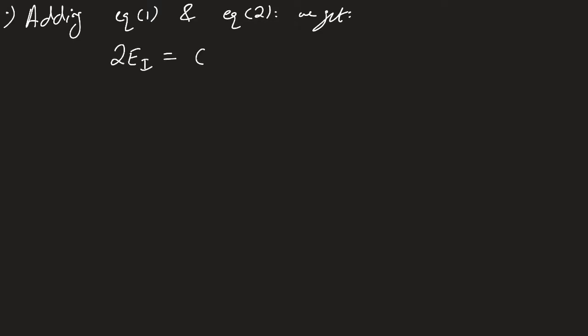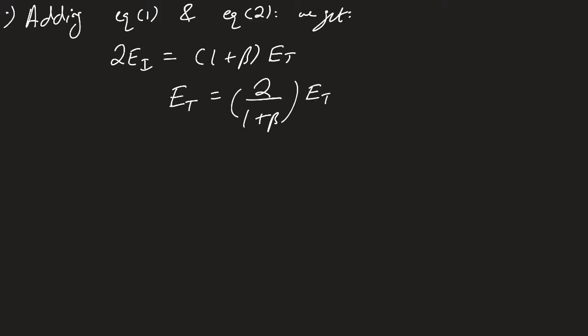So adding equation 1 and equation 2, we get that 2EI is equal to 1 plus beta times E transmitted. So the transmitted electromagnetic wave is equal to 2 over 1 plus beta times the incident amplitude. Okay, this is our first equation.